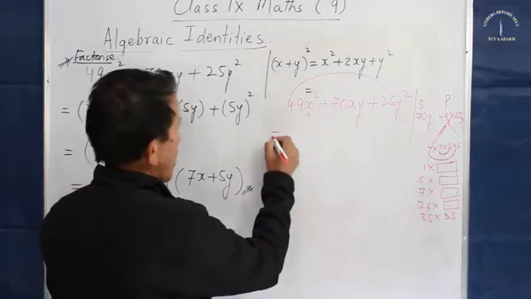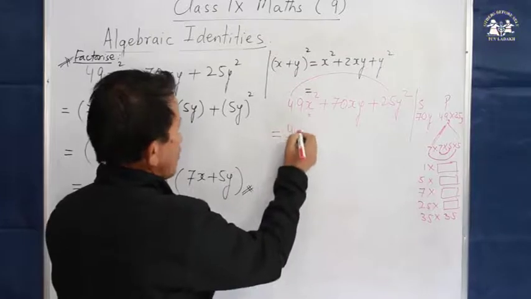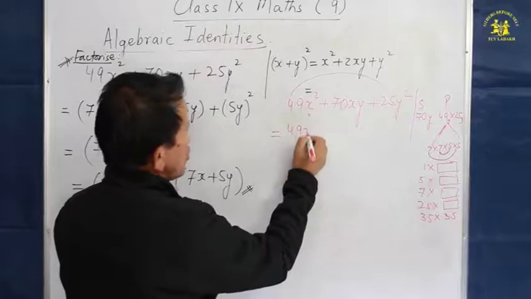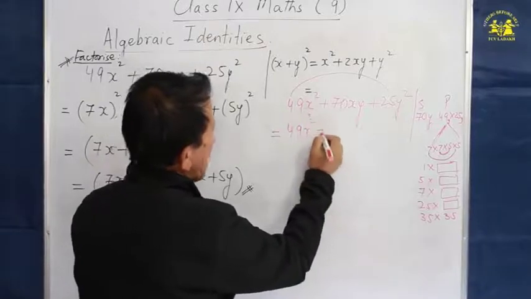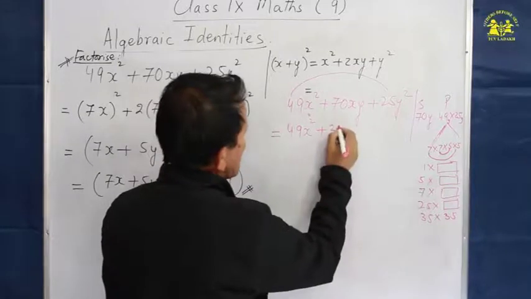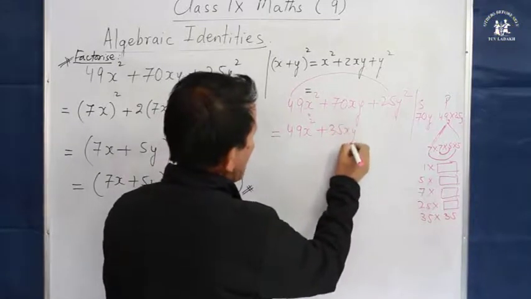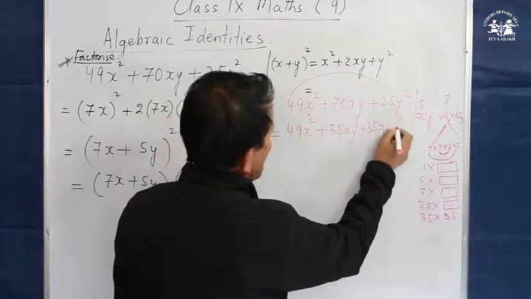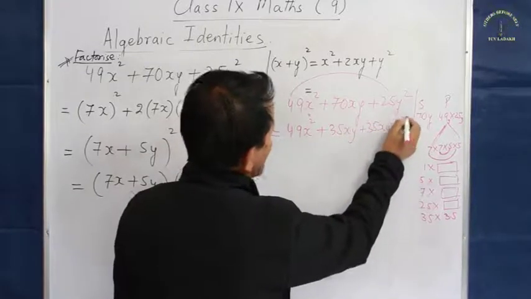So 49x squared plus 70xy plus 25y squared could be written as 49x squared plus 35xy plus 35xy plus 25y squared.